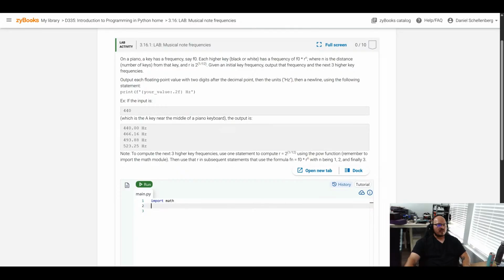how can I break this down? Okay, on a piano, a key has a frequency, say F0.